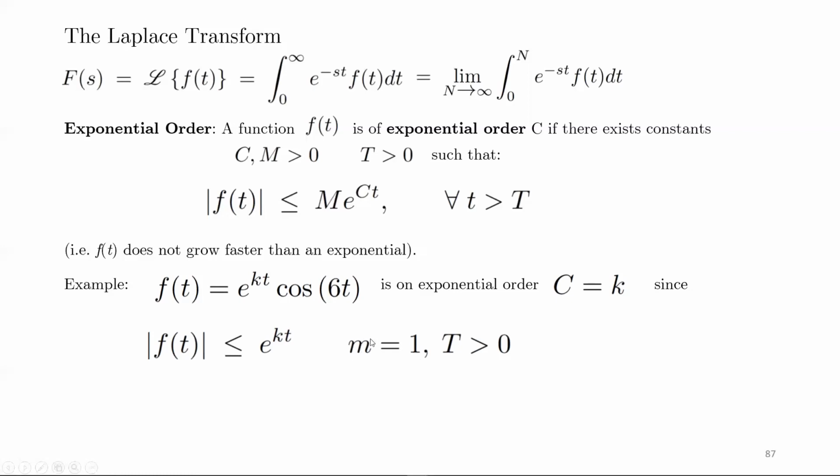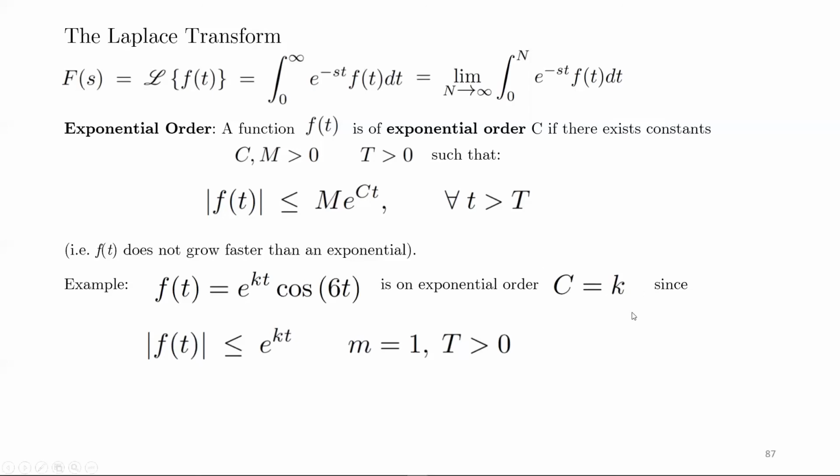Oh, this should be capital M, sorry, but hopefully you get my point, for t greater than 0. Because this function doesn't grow any faster than an exponential, in fact it grows at the same rate, this function is of exponential order c equals k.